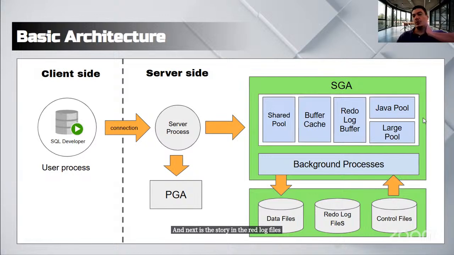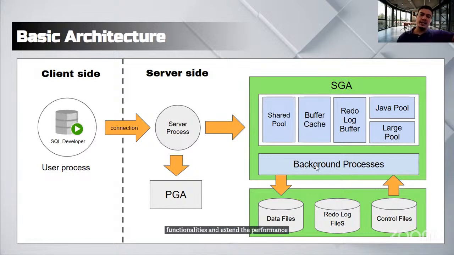Java pool: the Java pool is the memory of a JVM inside the database. The Oracle database has a Java virtual machine as a module. And the large pool is an optional area of memory to extend some functionalities and improve performance.